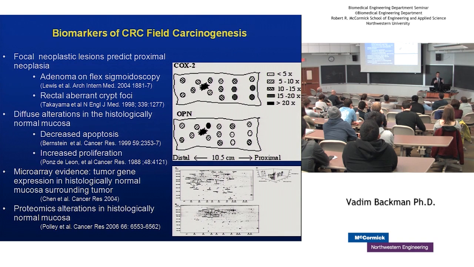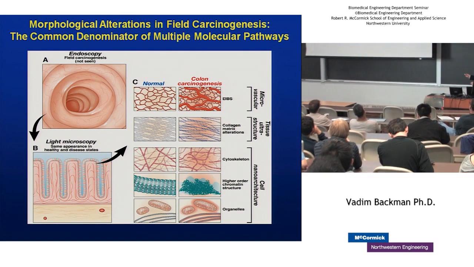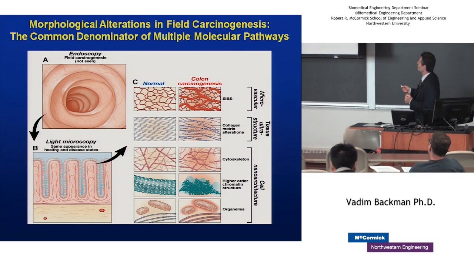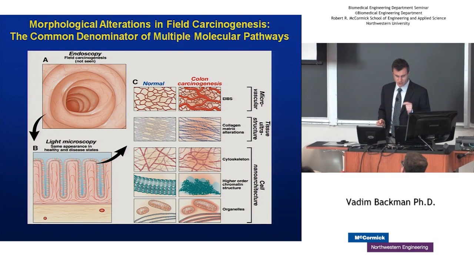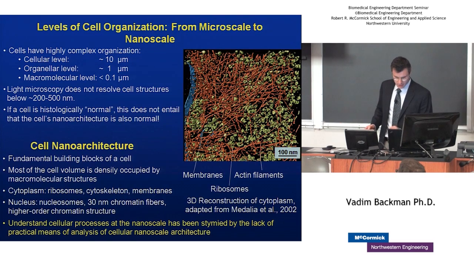So they're good in terms of understanding biology, but they're not good enough in terms of actual clinical diagnostics. So the common denominator of all these pathways are alterations in tissue ultrastructure, cellular ultrastructure, such as microcirculation or collagen structure or cell nanoscale architecture, in particular structure of the chromatin. And that's what I will focus on today.